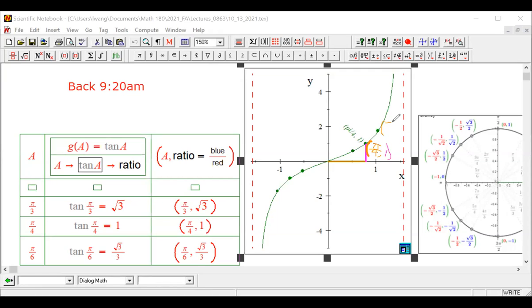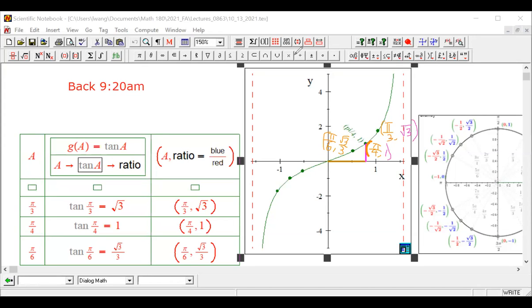This point is pi over 3 in orange, and the purple is √3. Next, this point, the orange is pi over 6, and the purple is √3 over 3.